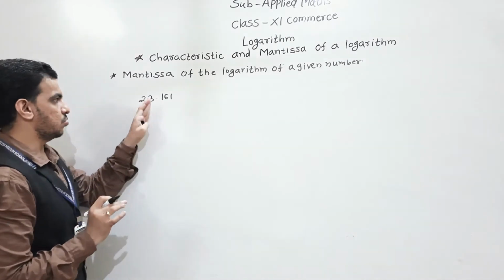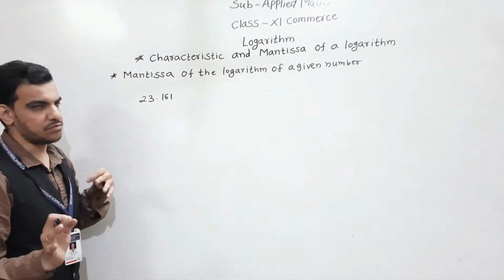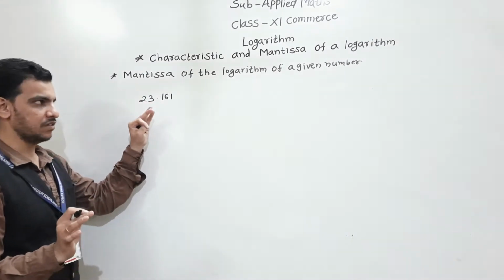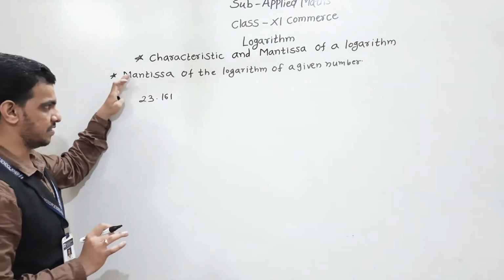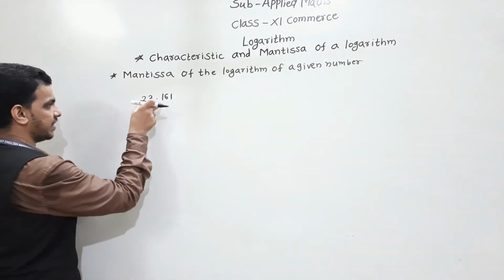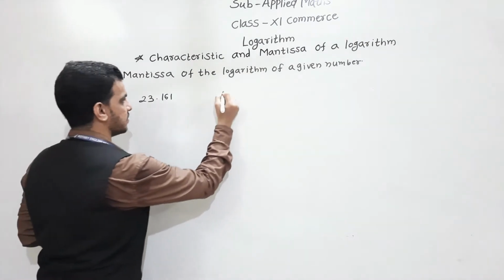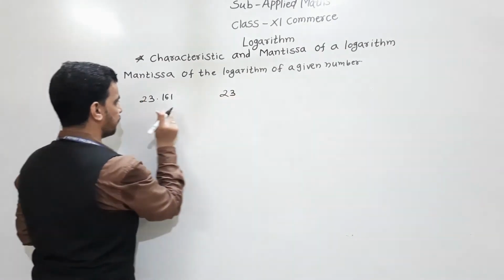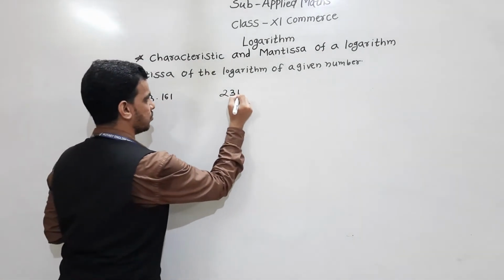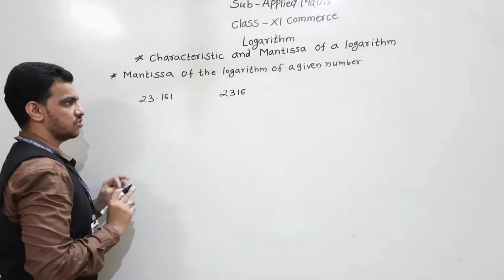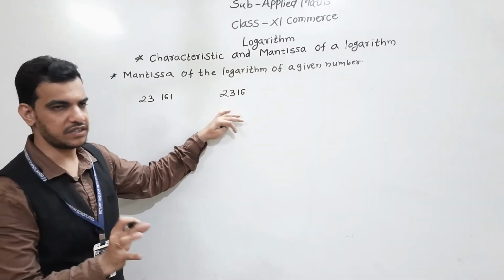The position of the decimal point is immaterial for finding the mantissa. So we have to consider four non-zero digits, that is 2, 3, 1, 6. This is called significant digits.